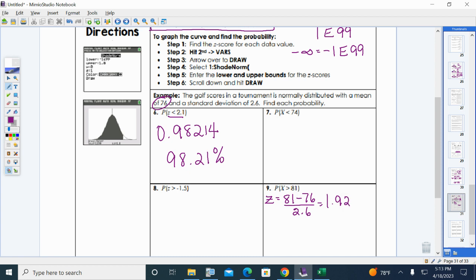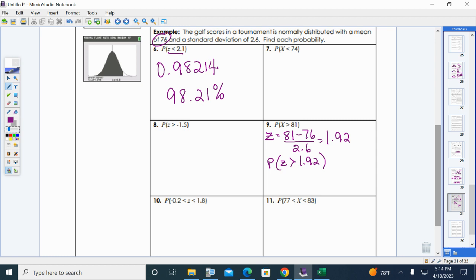So I need the probability that the z-score is greater than 1.92. That's what we're looking for. And again, we're going to use the calculator to do that. Greater than 1.92 is going towards positive infinity. So our lower boundary should be the 1.92, whereas the upper boundary is going to be positive infinity.